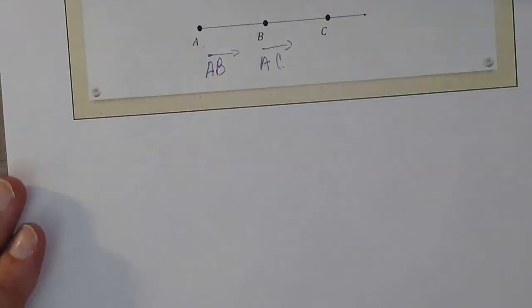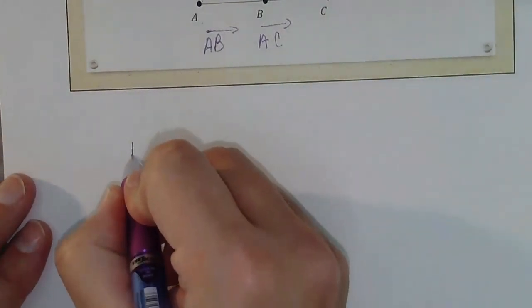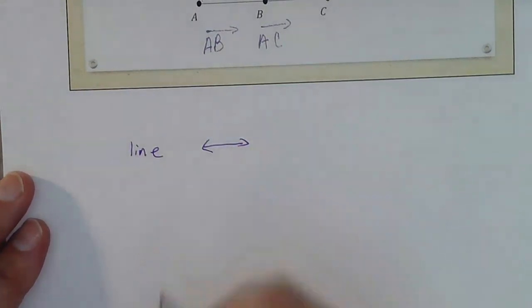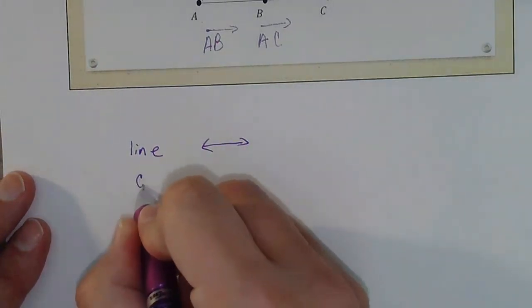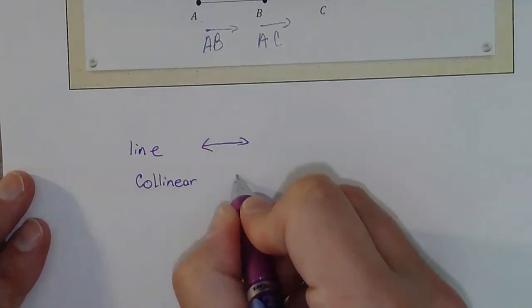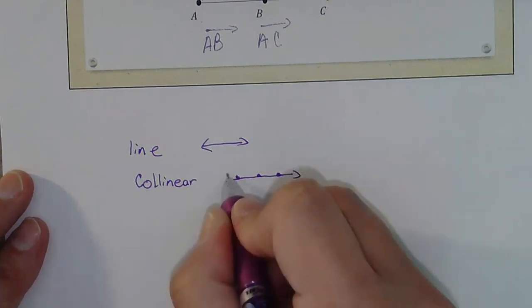So we have talked about several different things. We have talked about a line that continues forever. We've talked about collinear points that are 3 points on the same line.